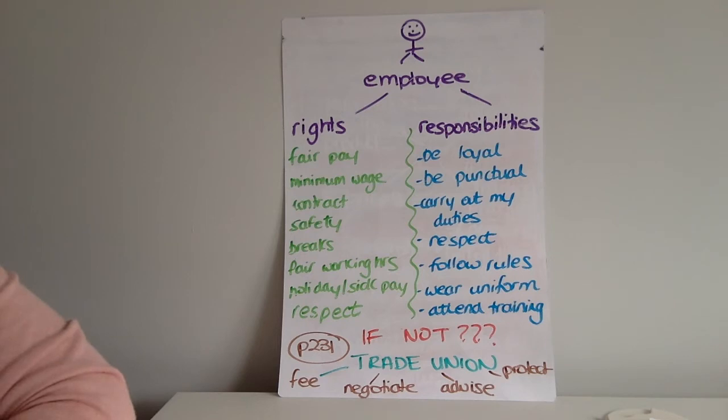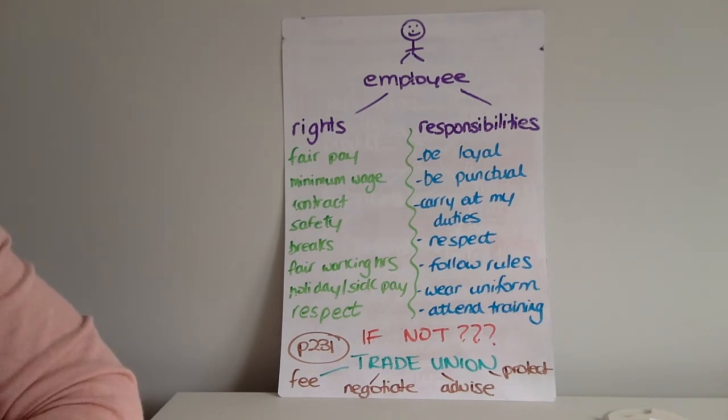But then you also have some responsibilities. So when you sign a contract, you agree to be an employee of that company, and you have the following responsibilities. So you have to be loyal and not disclose any confidential information. You have to turn up on time and be punctual. You have to carry out your duties or your responsibilities, and they will be in the job description and the job advertisement.